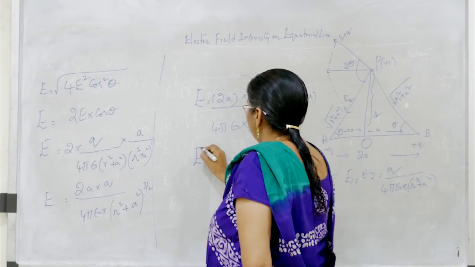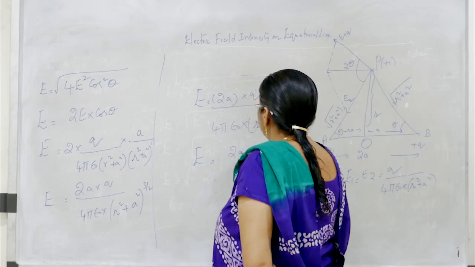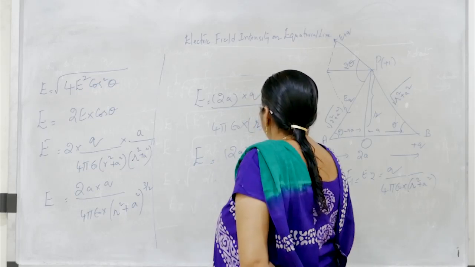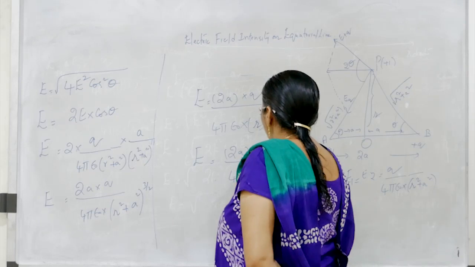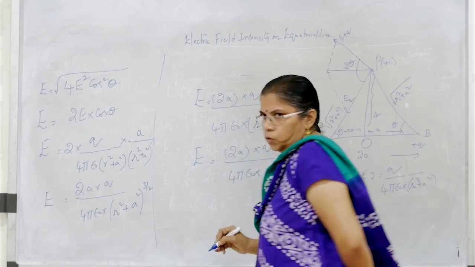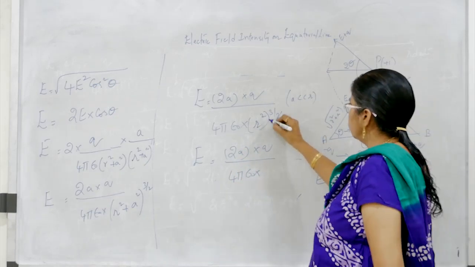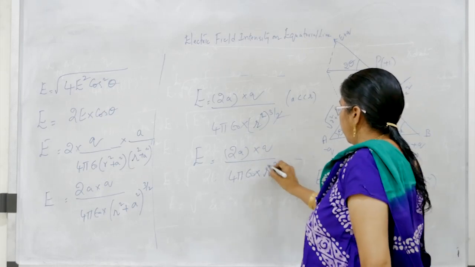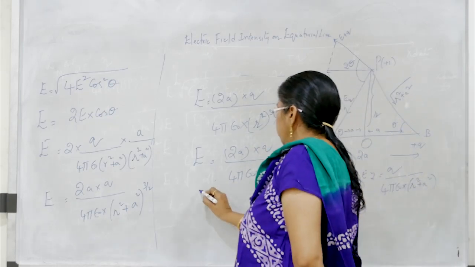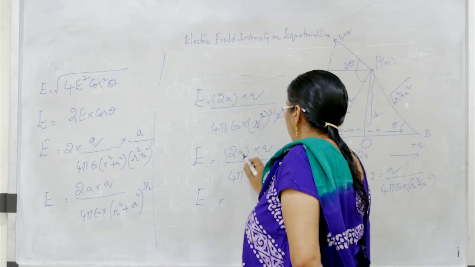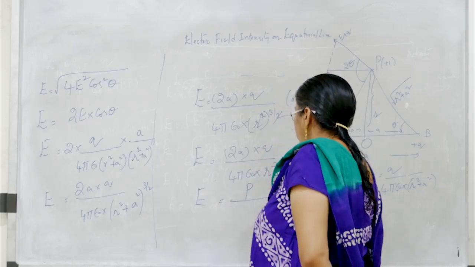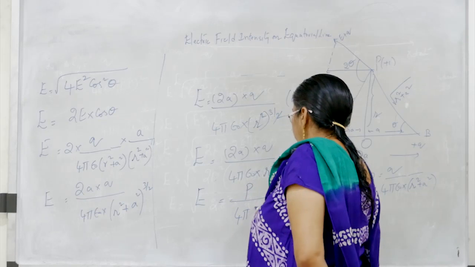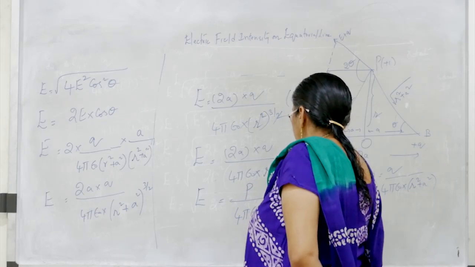So E is equal to 2A into Q by 4 pi epsilon naught into R square whole power 3 by 2, and this 2 gets cancelled and it is R cube. So E is equal to 2A into Q gives P, P by 4 pi epsilon 0 into R cube.